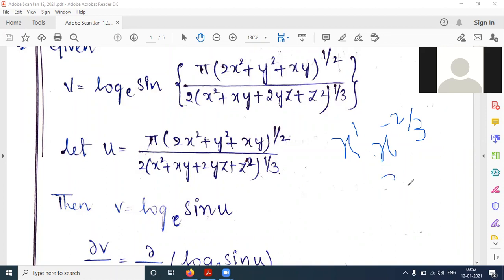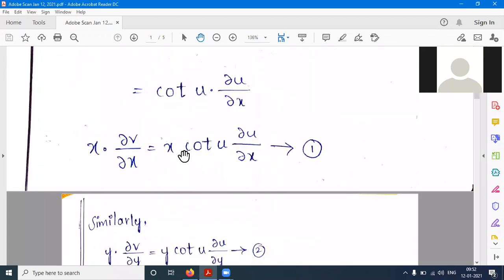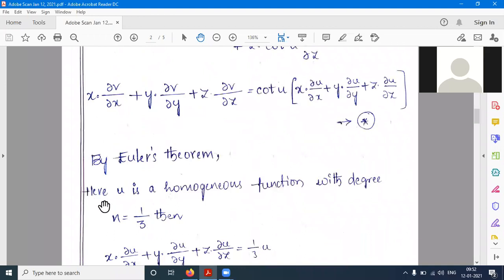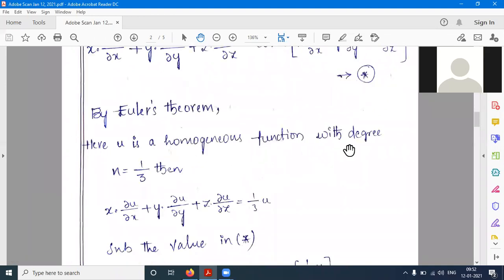It is (3 minus 2) divided by 3, that is nothing but 1/3. Degree is how much? 1/3. So clearly here u is a homogeneous function with the degree n equal to 1/3.